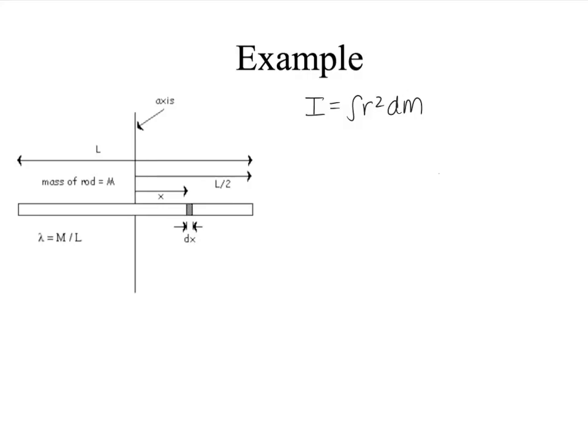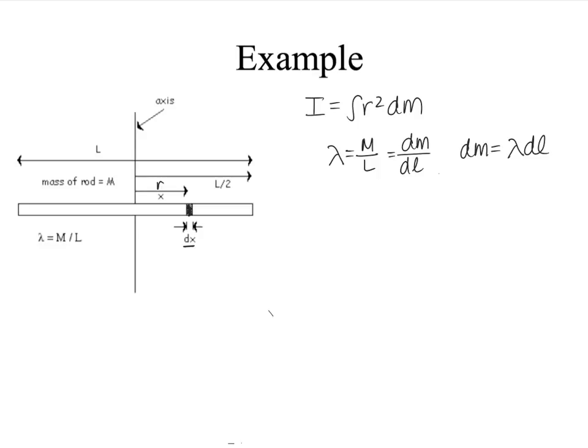Now, I see that lambda is mass over length, but remember it's also dm over dl, so I can rewrite dm as lambda dl. Now, notice that when I took a little piece of the rod, the dl, or the length of it, is actually written dx, and the distance, which is the radius from the axis to where that's located, is measured in the x direction.